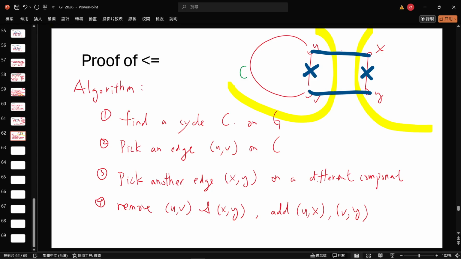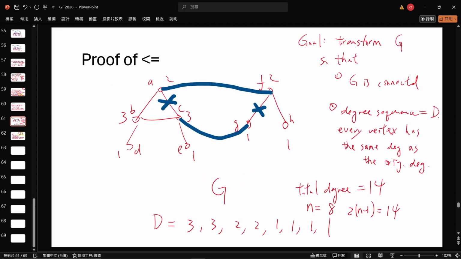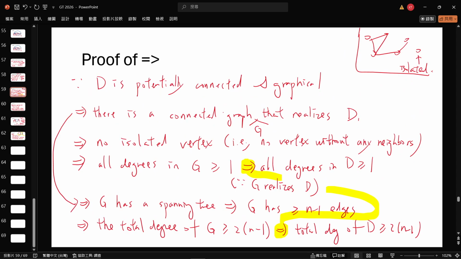Is it possible that we have a component without any edges? A component without any edges is like this component. So this is also one component. But do we allow this kind of component in our proof?